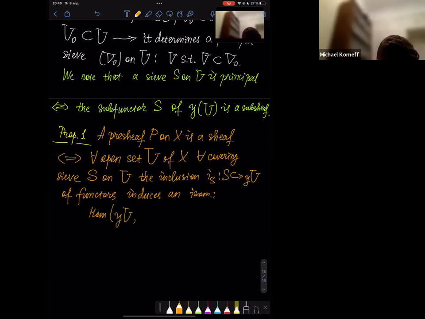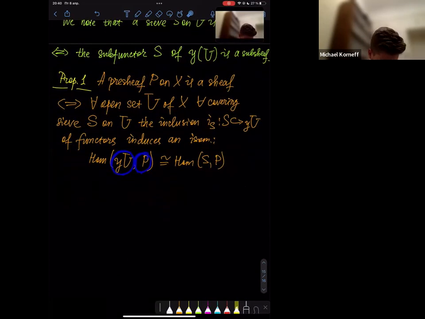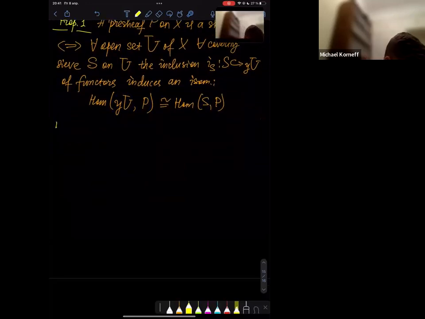Natural transformations from the functor S to the functor P are in one-to-one correspondence with natural transformations from the representable presheaf over U to the presheaf P. The proof.